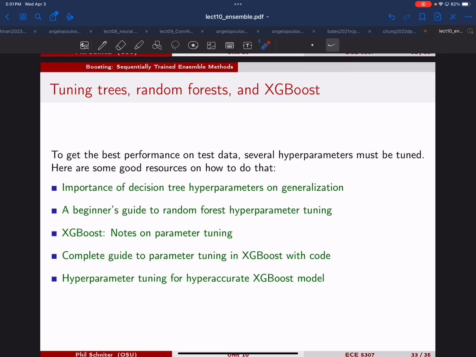So there's a lot of tricks and experience that people have gotten from playing with this, where they've learned these are the things that matter most. Try these first, and that's what these articles describe for random forests and for XGBoost. These are just a few that I thought were pretty decent. There's obviously other articles out there too. You might find one you like even better.